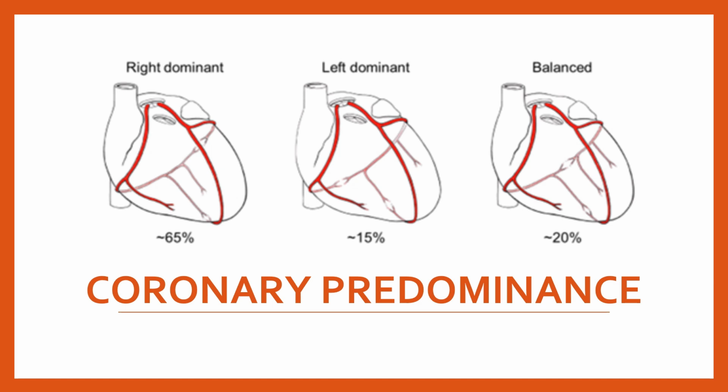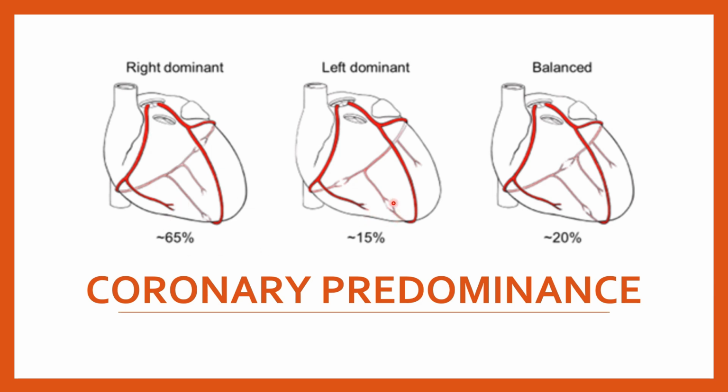The coronary predominance is based on where the posterior intraventricular artery is derived from. So the majority of the population possess right coronary predominance, where the posterior intraventricular artery is derived from the right coronary artery.